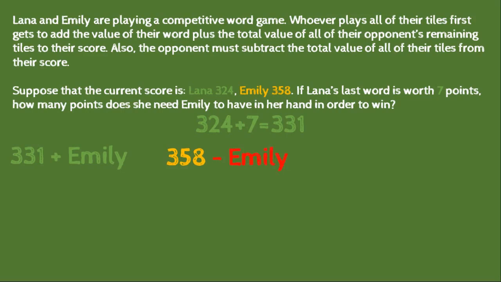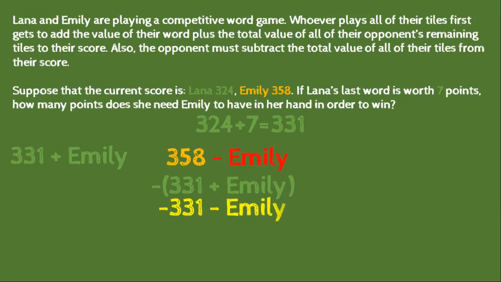We also know that Emily, who has 358 points, must subtract the points in her last hand from her result, which is 358 minus Emily's cards. She also subtracts her opponent's total value from their score. So whatever Emily has, which is 331 plus Emily's points, would be minus 331 plus Emily's points.